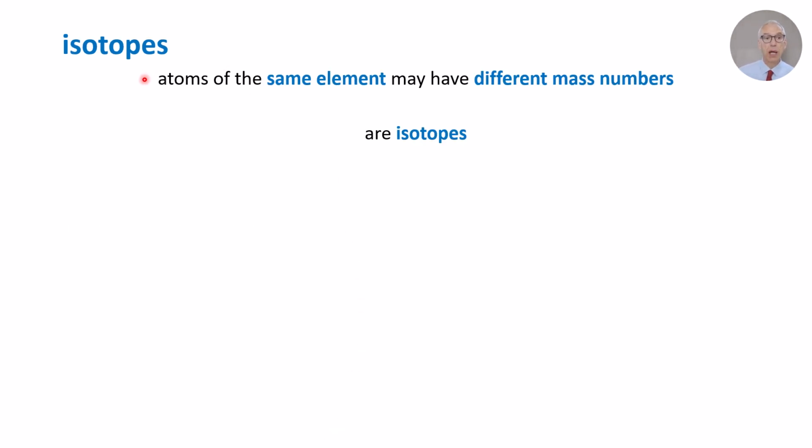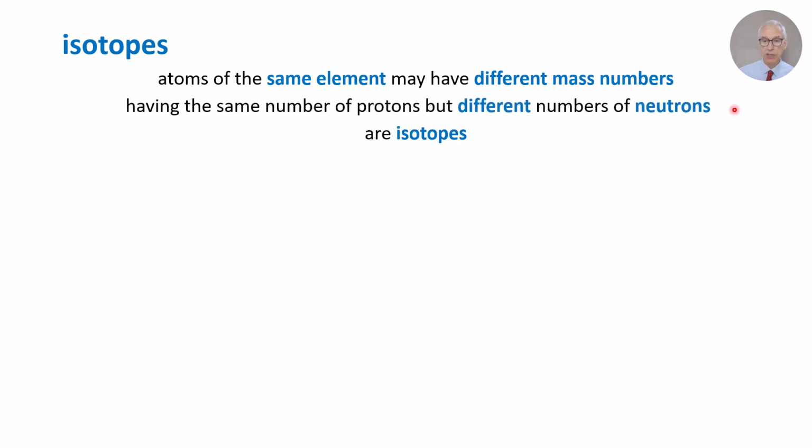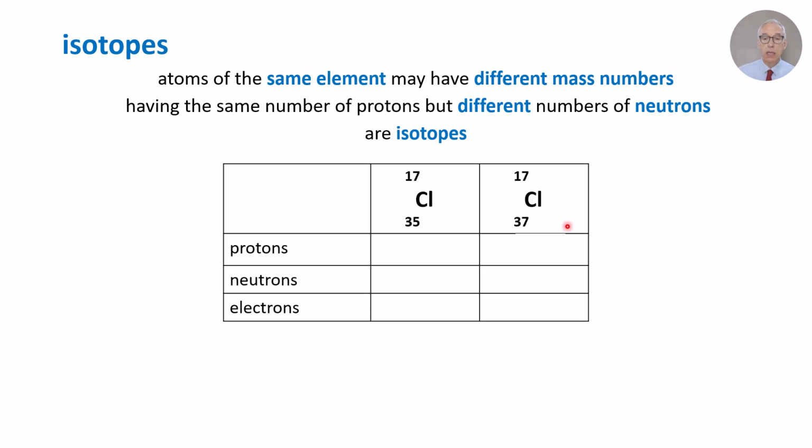Isotopes are atoms of the same element which have different mass numbers. Another way of expressing the same idea is they're atoms having the same number of protons but different numbers of neutrons. So here are 2 isotopes. They are the same element, chlorine. They've got different mass numbers.